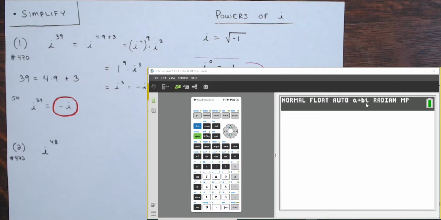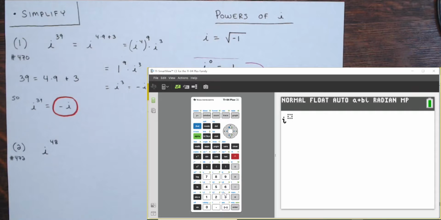Most of you are probably in real mode right now. Hit the mode button, change it from real mode to a plus bi mode or complex mode, so that way you can actually see square roots of negative numbers show up as imaginaries with the i imaginary unit instead of getting errors. And then we just enter i, which is above the decimal point.